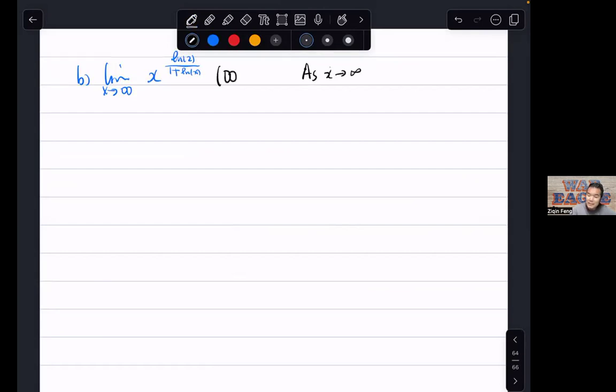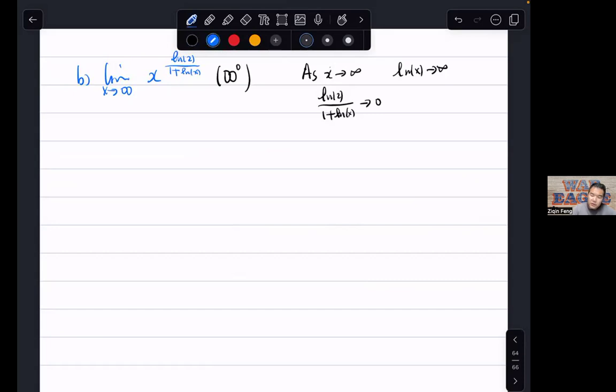Now what's the exponent? Natural log of 2 over 1 plus natural log of x. Natural log of x will go to infinity, so this is a finite number over infinity. This one goes to 0, right? Any finite number, no matter if you have 1 billion or 2 trillion, over infinity still goes to 0. So this is infinity to the 0.